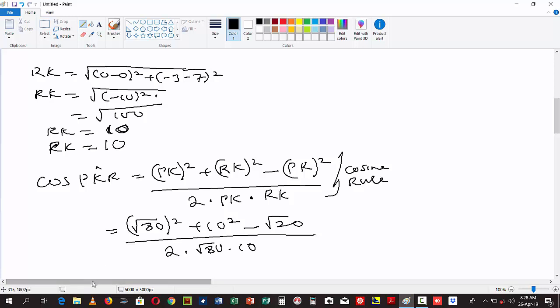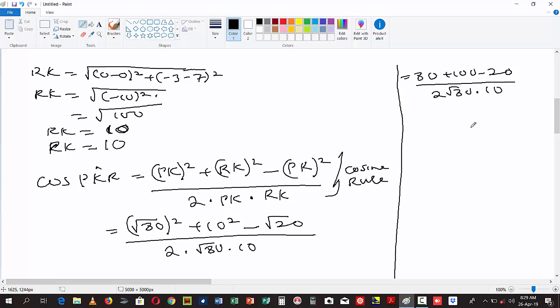Let us simplify this now. We are going to have 80 plus 100 minus 20, divided by 2 root 80 multiplied by 10, which is equal to 180 minus 20 divided by 20 root 80. When we use our calculator, we are going to have 2 root 5 divided by 5.